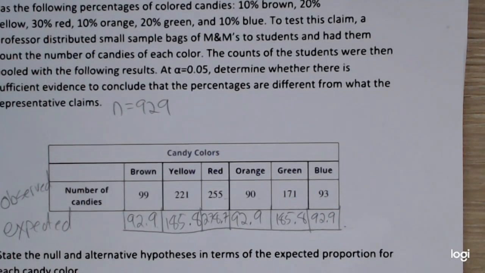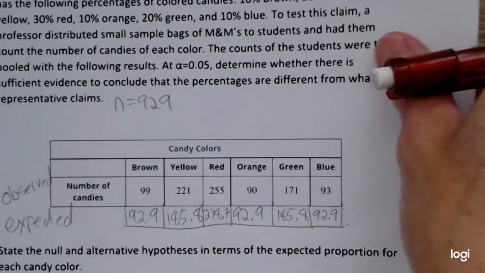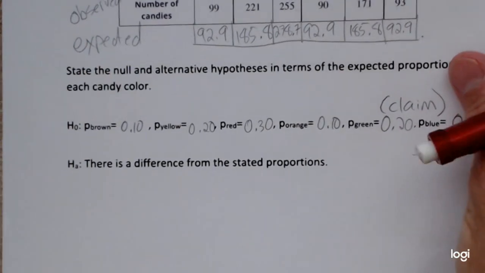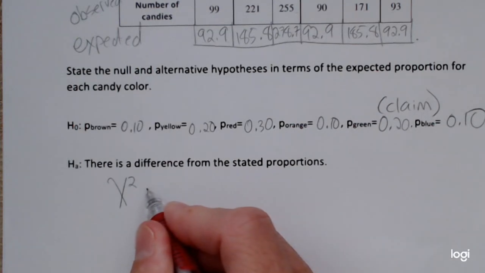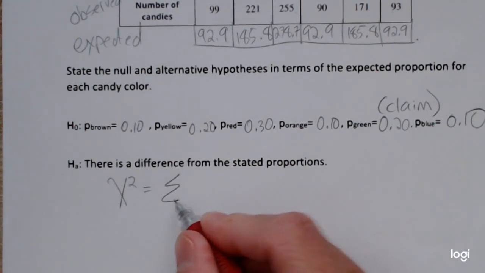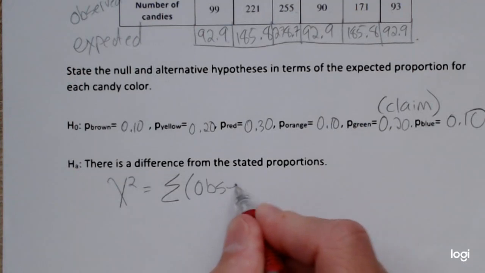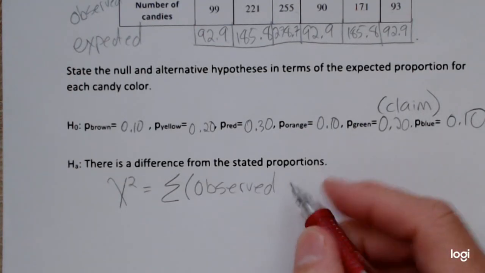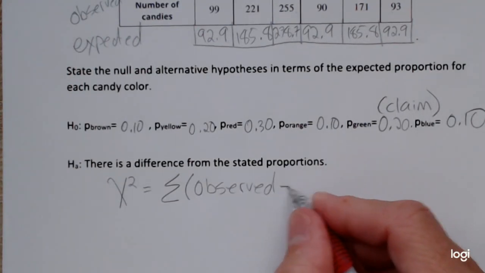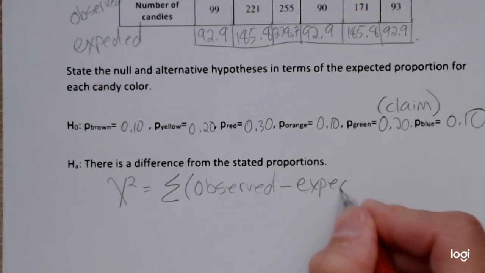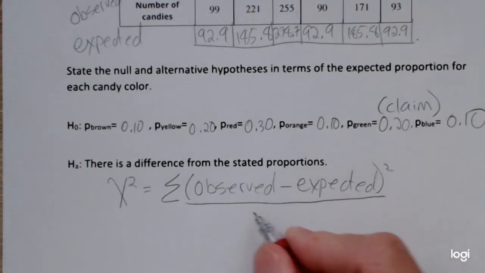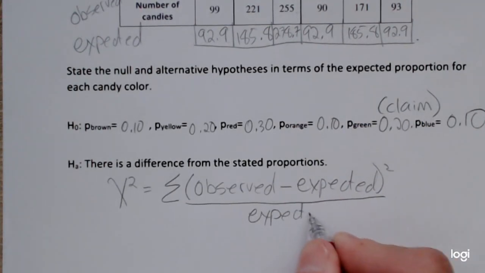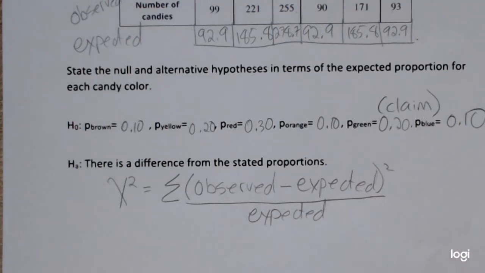So I have the pieces I need to calculate the test statistic. The test statistic in this case is the sum, for each category, or in this case each color, of the observed values minus the expected values, squared, and then divided by the expected. I'm going to sum all of those up.